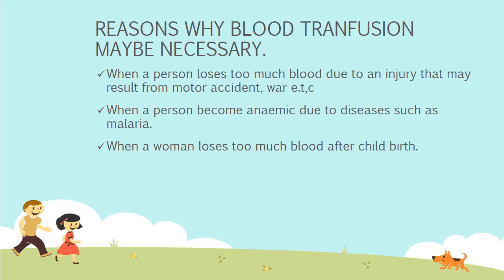When a woman loses too much blood after childbirth, when there is excessive bleeding during the childbirth, that woman may need a transfusion immediately. A transfusion usually helps to save lives of people who had excessive bleeding, and blood is very important. So transfusion is very important, and it's good to donate blood so that you can save somebody's life.